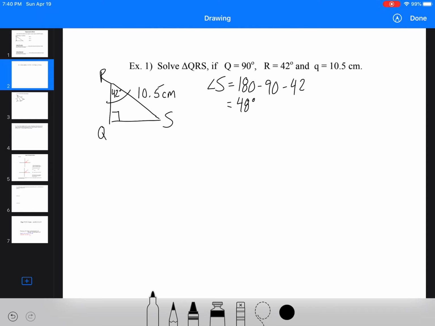We're going to use R to find our other 2 lengths, just because it's already given. We don't want to use something in case we wrote like 58 by accident, had the wrong angle down. So I need to find side R and side S. I'm going to find side S first. That's adjacent over hypotenuse, so I'm going to use cos 42 equals S over 10.5.